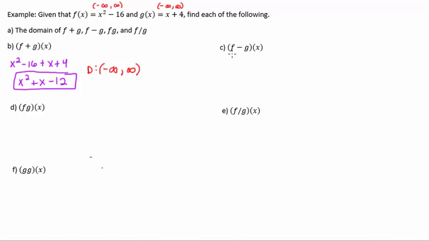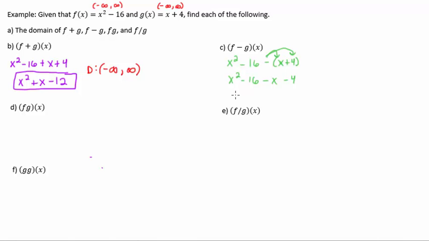When we subtract them, we take x squared minus 16 and we're going to subtract x plus 4. Make sure that you put g in parentheses and that you distribute the negative, because we're not just subtracting the x, we're subtracting the x and the 4, which means this is minus x minus 4.